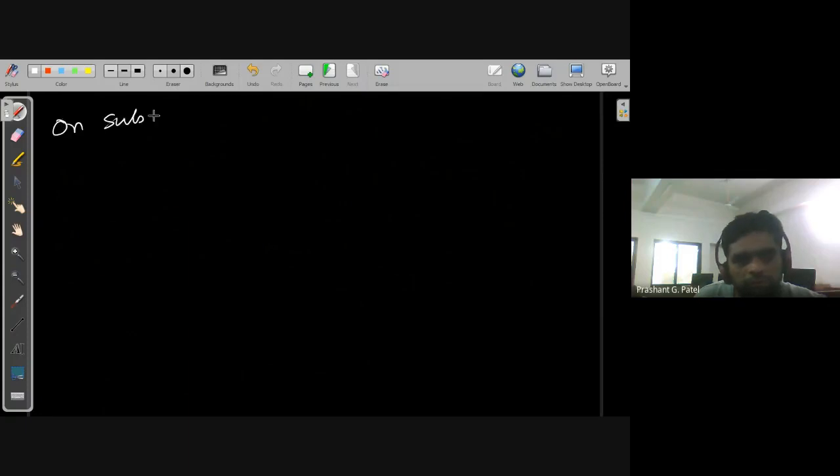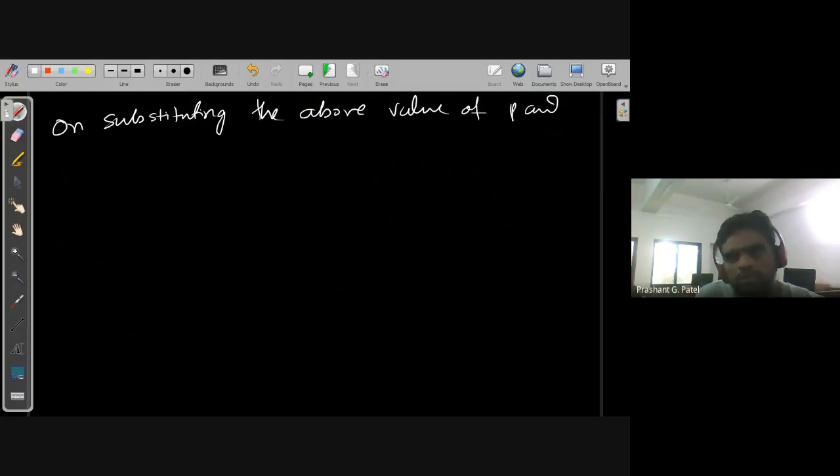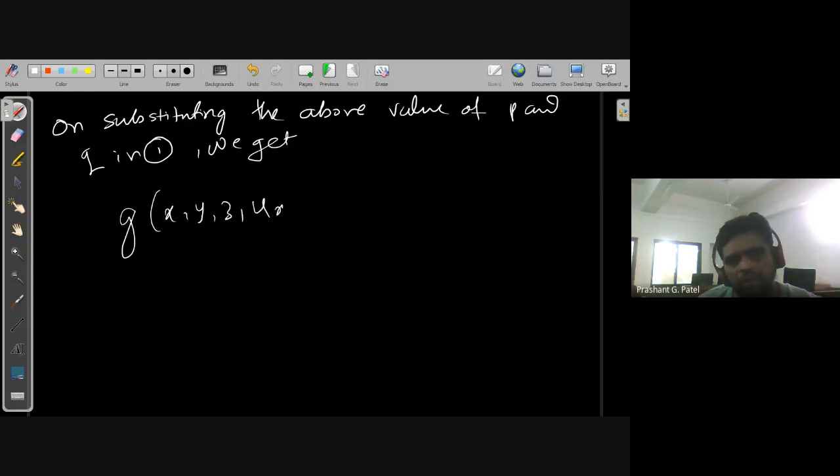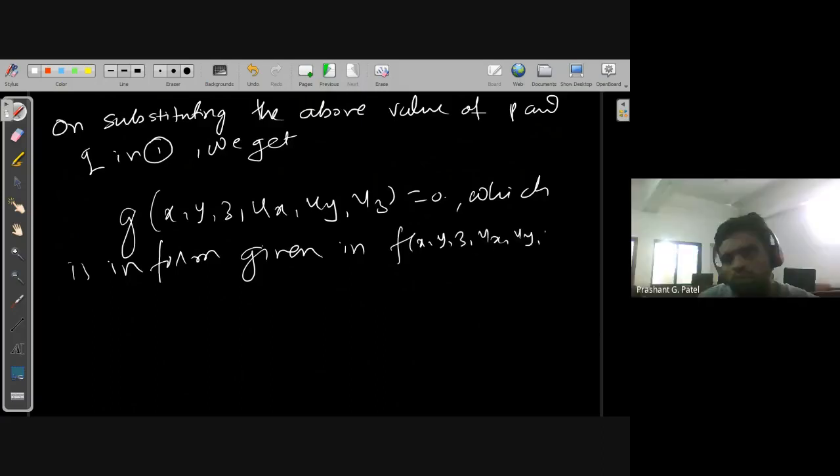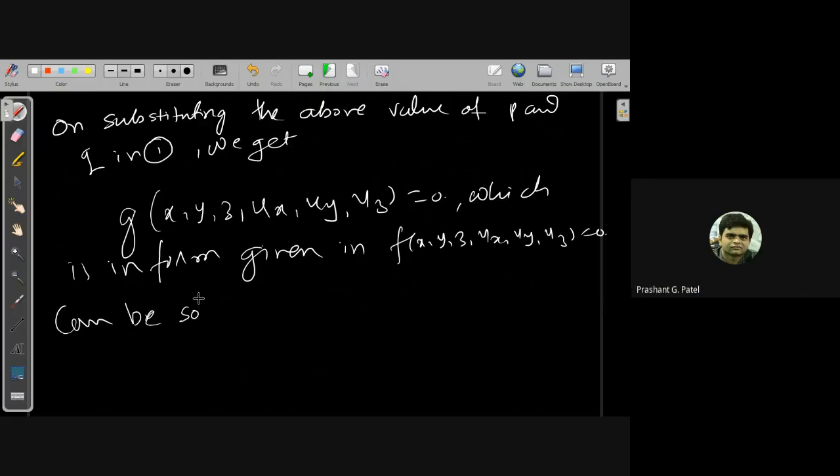On substituting the above values of p and q in 1, we get some function g in terms of x, y, z, ux, uy and uz equal to 0, which is in the form f(x, y, z, ux, uy, uz) = 0, and can be solved by Jacobi's method, as we have discussed earlier.